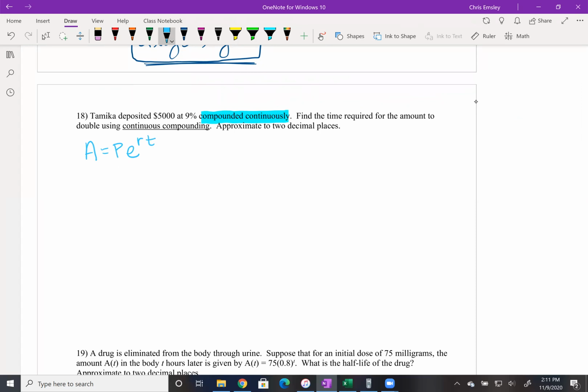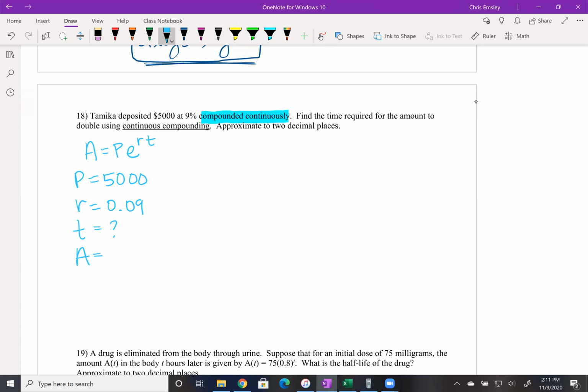Okay, what do we know? We know she's going to start with $5,000. That's her deposit amount or her beginning balance. We know the interest rate is 9%. Find the time. So time is what we're going to be solving for. We don't know that yet. The time for the amount to double. So the amount she ends with, her ending balance, it didn't tell us the exact value in the problem, but it told us how to figure out what the value should be.